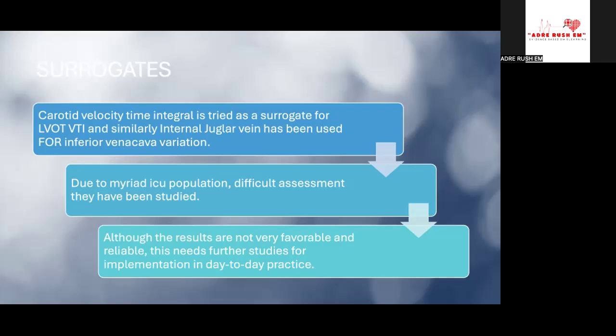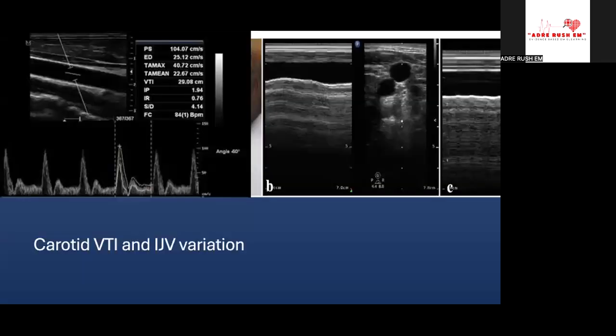But the results were not very reliable. These studies are still being conducted to overcome the barriers we face in our day-to-day ICU practice. Okay. So this is how carotid VTI was used. And this is your femoral vein, and the IJV was used as well as the femoral vein.